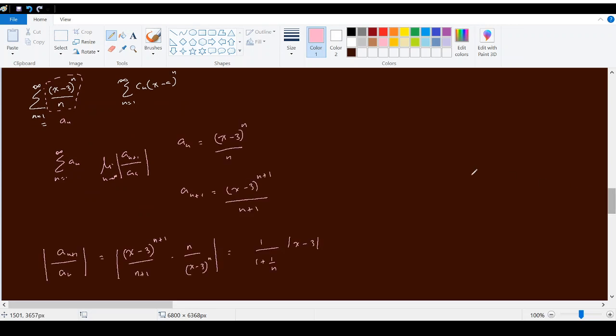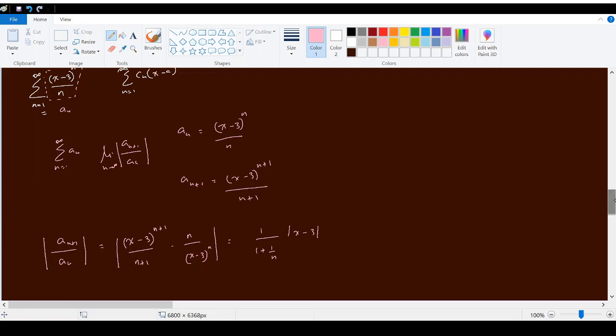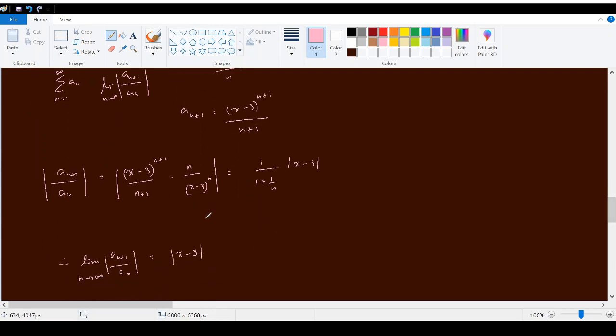Then you can see that when you write down the anth term and the an plus 1th term and then get the ratio, you end up with this term, right? And then when you compute the limit, that is when n goes to infinity, this one will go to 0. So you are left with the modulus of x minus 3, right?